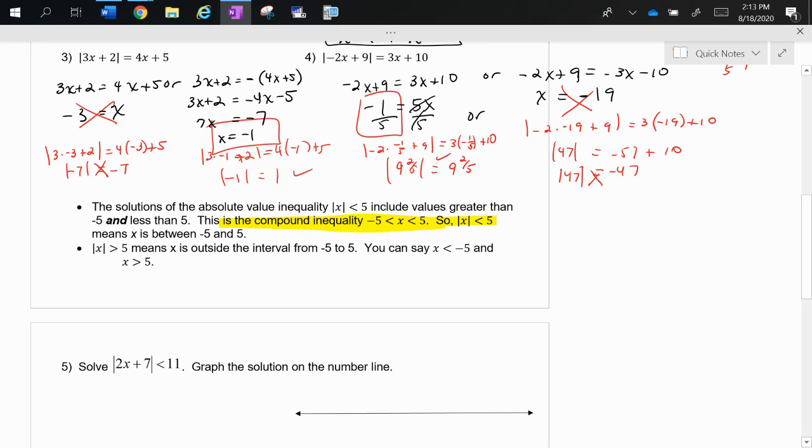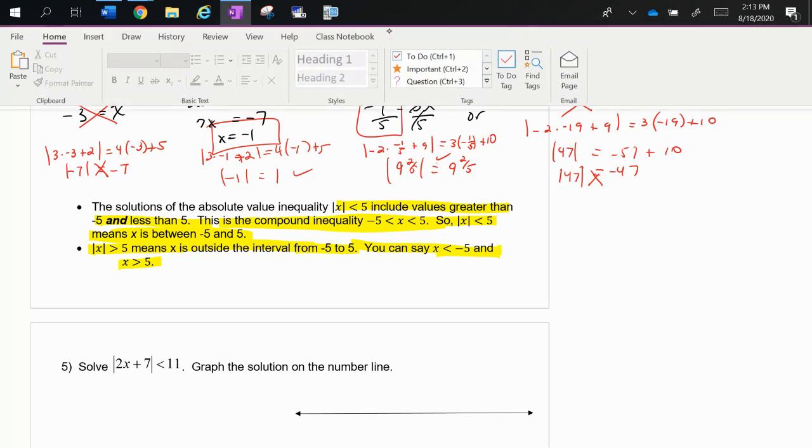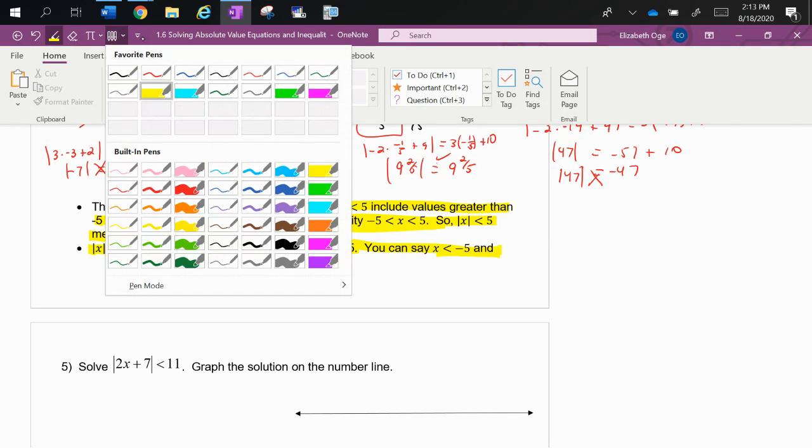So absolute value of x is less than 5 means x is in between negative 5 and 5. And the absolute value of x is greater than 5 means x is outside the interval from negative 5 to 5. So you can say x is less than negative 5 and greater than 5. We should say or there, shouldn't we?